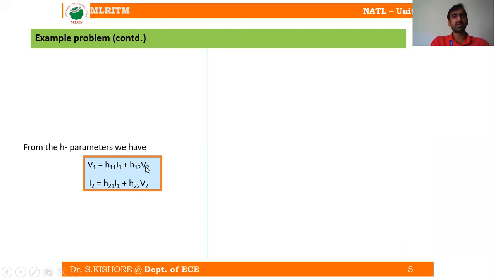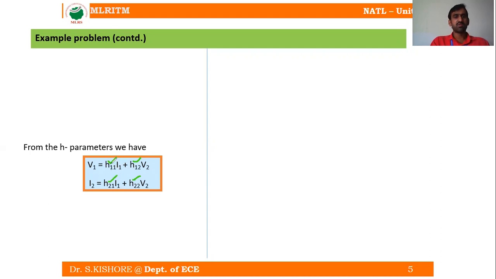Here I1 and V2 are the independent variables and V1 and I2 are the dependent variables. Our interest is to find the H parameters, that is, the coefficients H11, H12, H21 and H22. These are the four coefficients which we need to find.